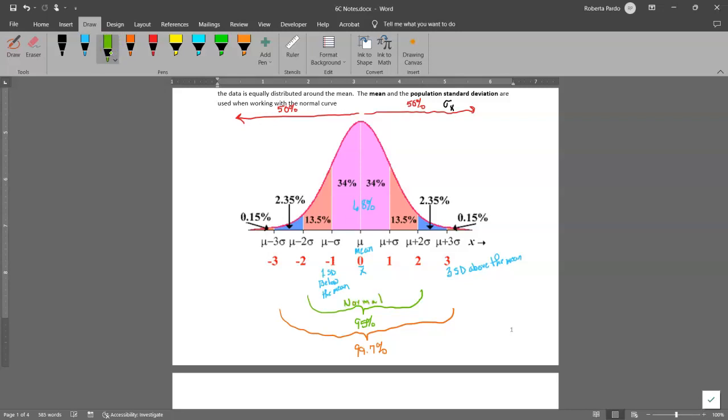Anything beyond 95% or beyond 2 standard deviations, either plus or minus 2 standard deviations, anything beyond this over here, anything below over here are considered outliers. So our definition of an outlier is a data value or values that is outside the norm. And norm is shortcut for normal.